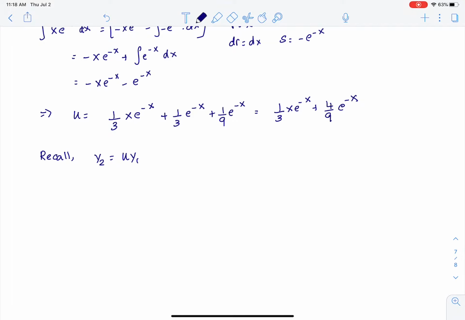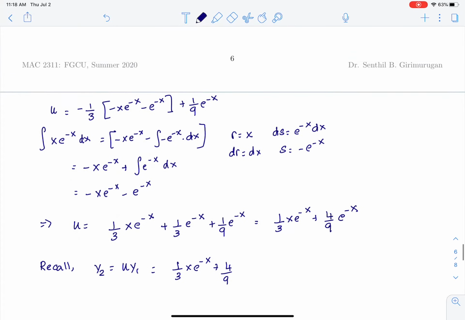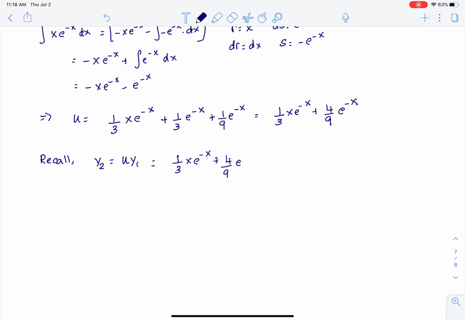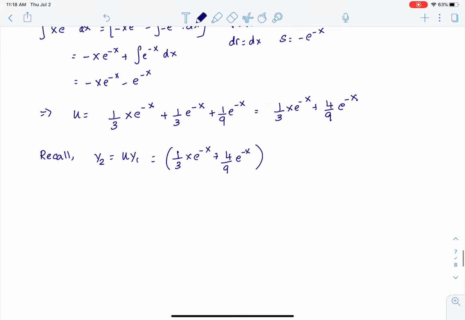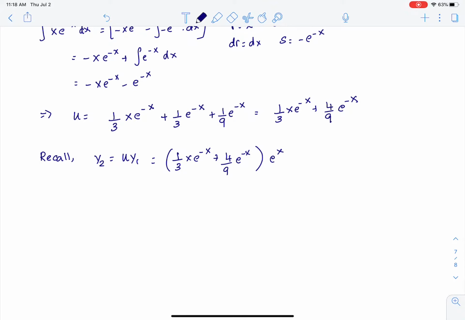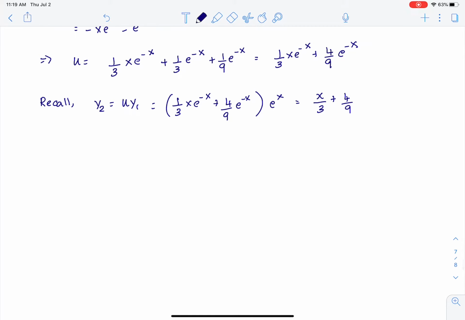And we are trying to find the particular solution for y2. So I'm going to multiply u by y1, which is e raised x. If I distribute it, I'd have x over 3 plus 4 over 9. I'm distributing e raised x inside. So that would be the particular solution.